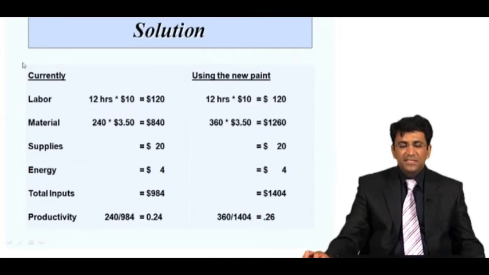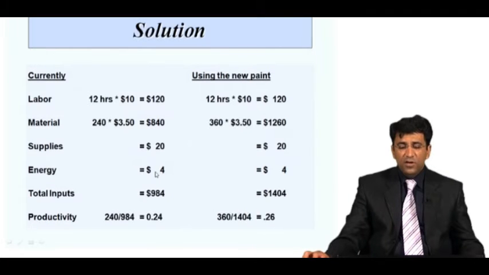Now students, this is her current productivity information. That is, the labor is equal to 12 multiplied by 10, 120, as I just discussed. Material cost, because $3.5 is the unit cost, so what we will do, we will multiply this unit cost by total output. So we can get the total material cost as $840. Supply cost is given as per day cost, so it will remain as $20.